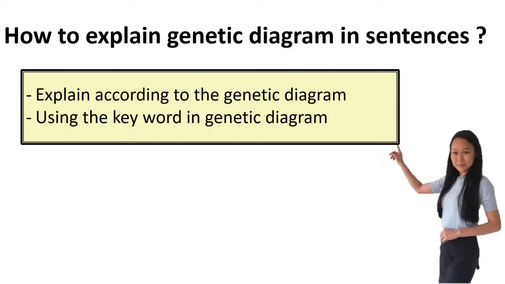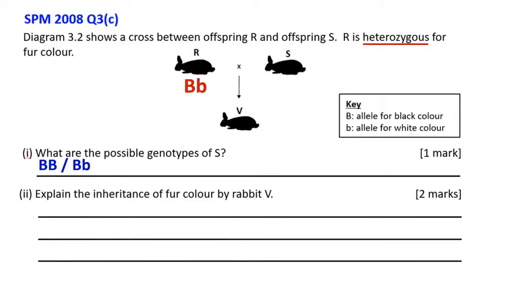Next topic, how to explain a genetic diagram in sentences. Actually, we just explain according to the genetic diagram and use the keywords in the genetic diagram. Let us learn it through the questions. Diagram 3.2 shows a cross between offspring R and offspring S. R is heterozygous for fur color.